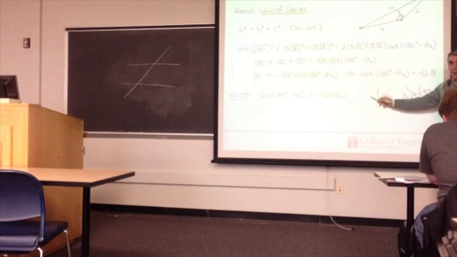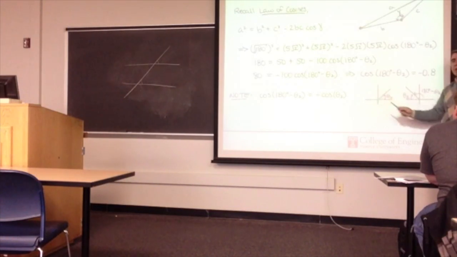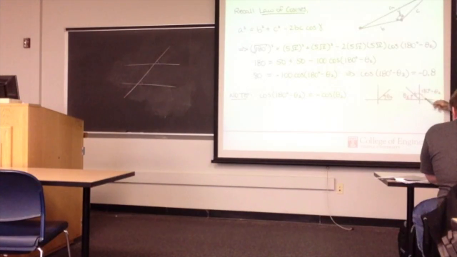So you have theta 2, which in this case, because it's measured in a clockwise direction, becomes minus theta 2. Therefore, this angle becomes 180 minus theta 2. 180 means from here to here first, 180. You come back by theta 2, and that would give you the 180 minus theta 2.